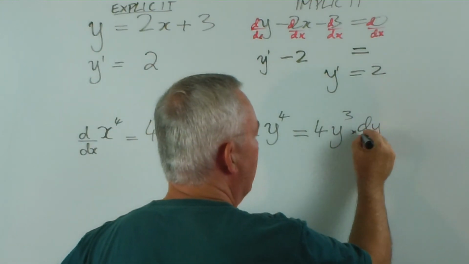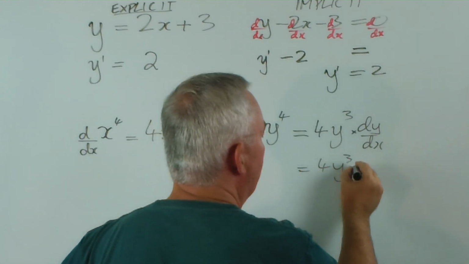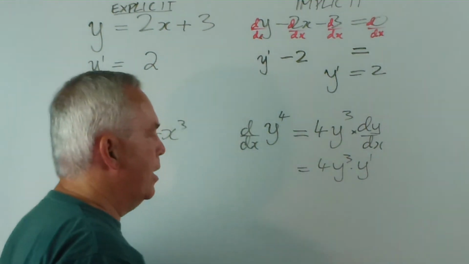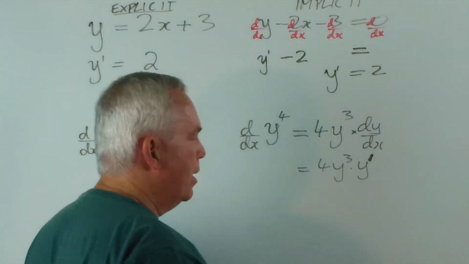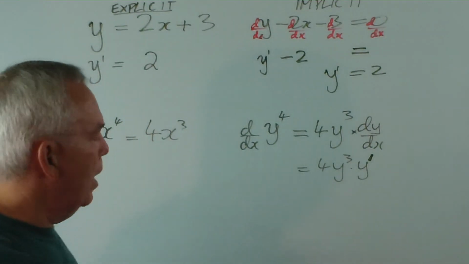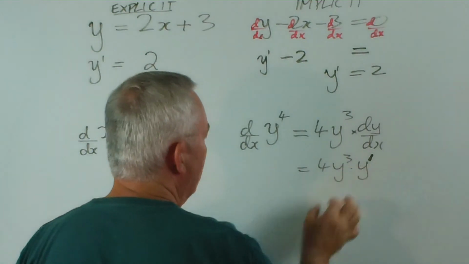I will write it this way, which of course we could write as 4y cubed times y dash. Now I've got to be careful, I'll put it on a little bit of a slope there. It's not meant to be a power 1. So you must be very careful when you write them.